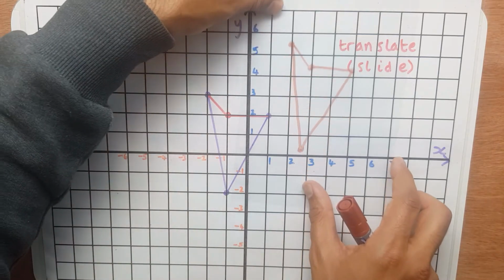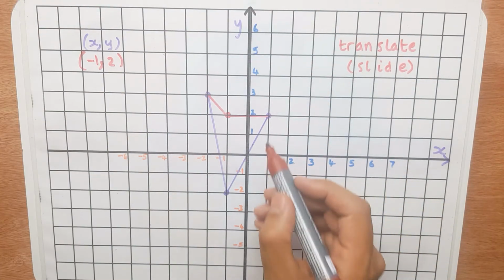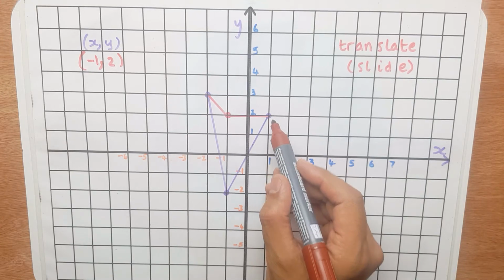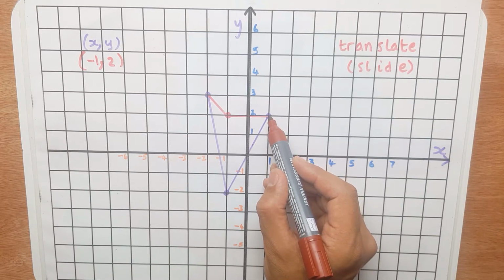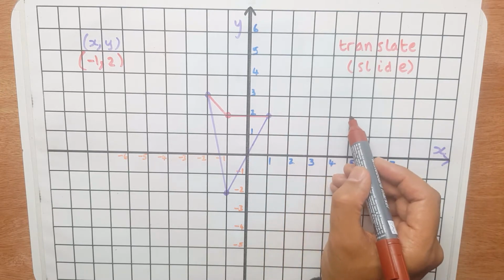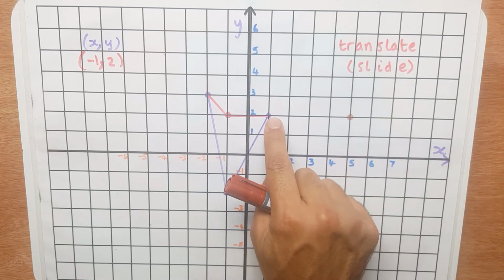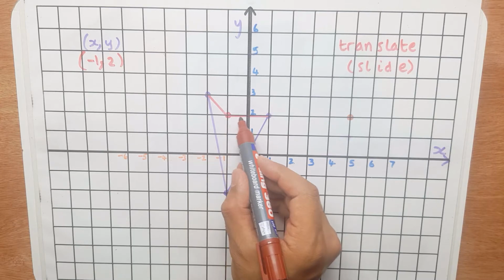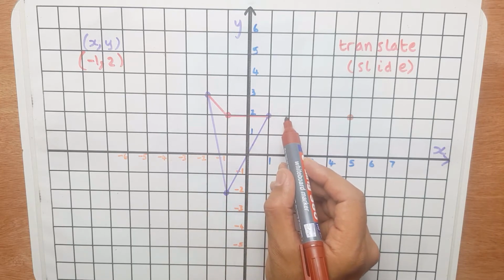But if you don't, you can try this method. So what I'll do is I'll take this vertex or corner and I'll move it 4 squares to the right. 1, 2, 3, 4. Now I know this has moved to there. I'll do the same thing with this one. 1, 2, 3, 4.